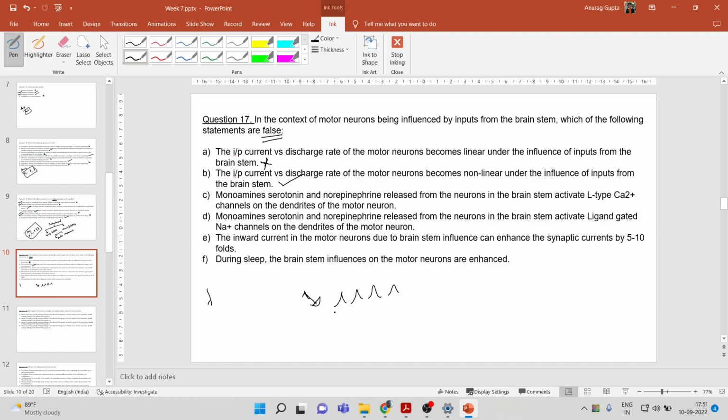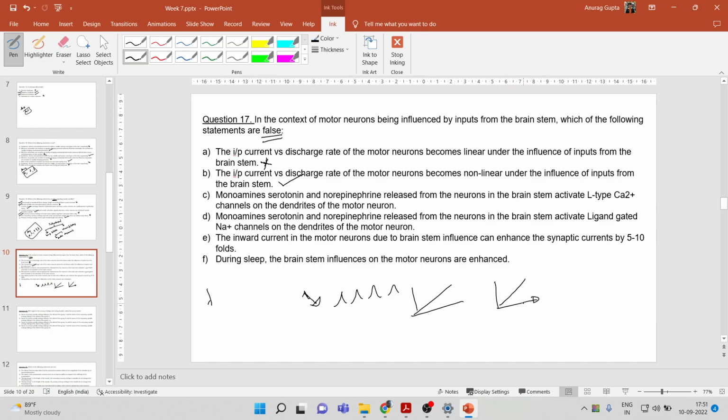Now, the more input current there is, the discharge rate increases proportionally. So there's a linear relationship. But due to these monoaminergic inputs, this linear relationship is lost.